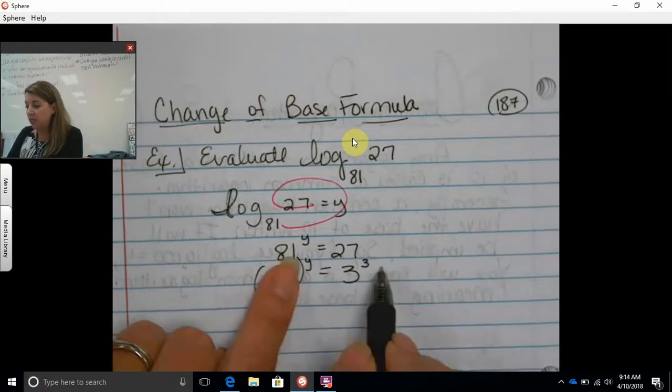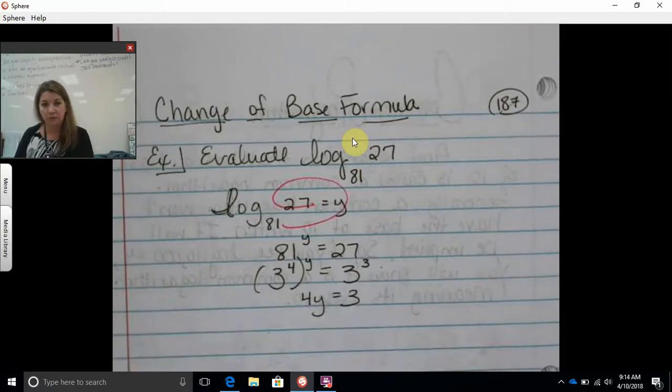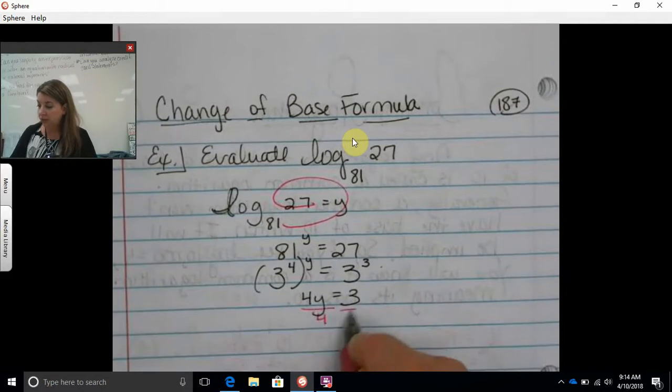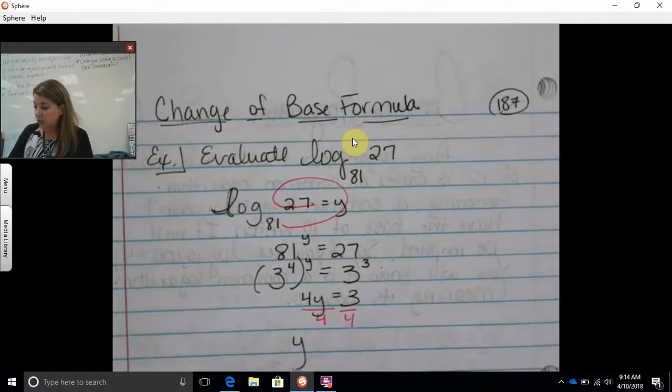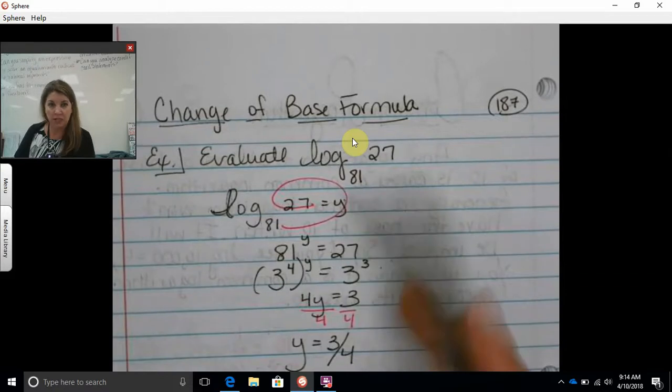So you won't just say y equals 3, you will say 4y equals 3. Then what do you think we do? Divide by 4. So y equals 3/4.